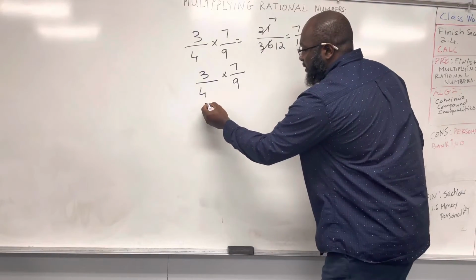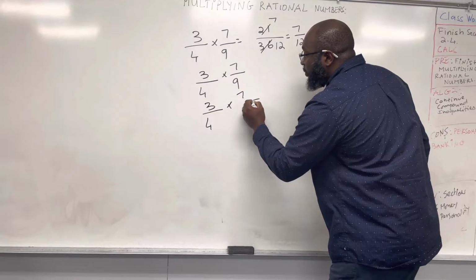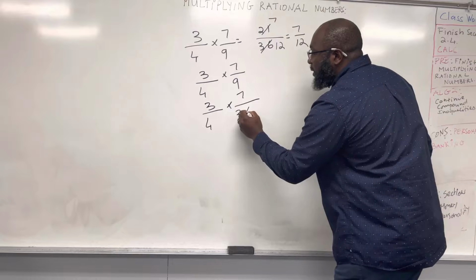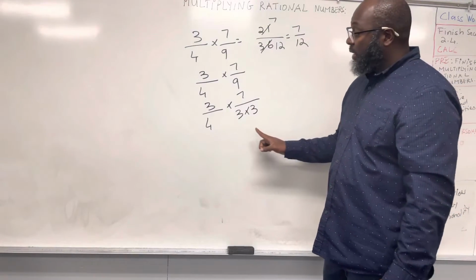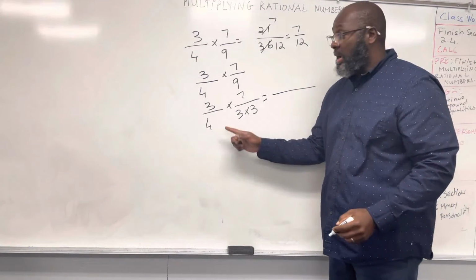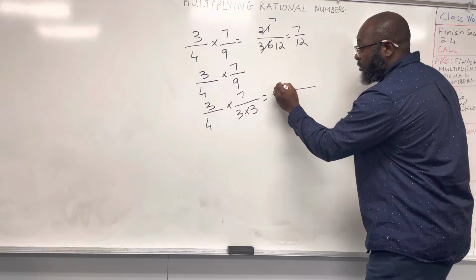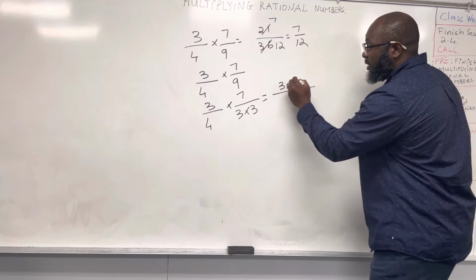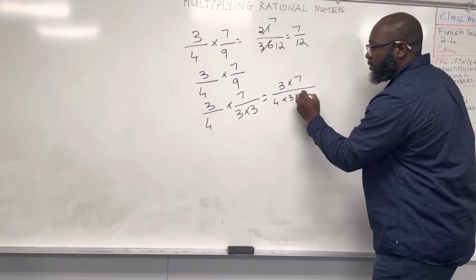So these stay the same. I have 3 over 4, and then that becomes 7 over 3 times 3, because I know that 3 times 3 is 9. Now, I can simplify this. I don't have to multiply them first. I can put all of them on the same line. So this is going to be turned into 3 times 7 over 4 times 3 times 3.